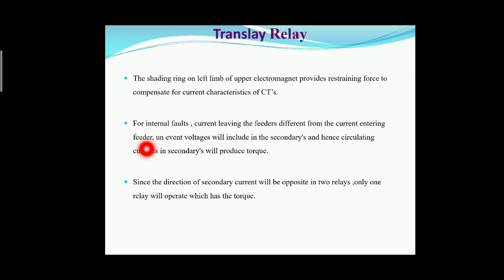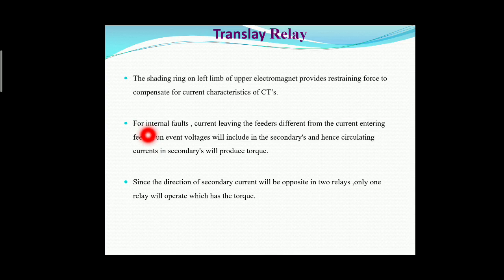The purpose of this shaded ring is to reduce the angle between phi 1 and the current. Then the beta angle will be close to 90 degrees, and some torque will be produced, which is obtained in the case of an internal fault.